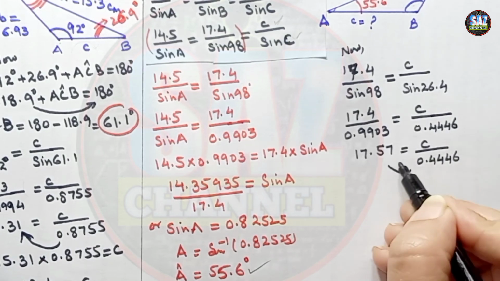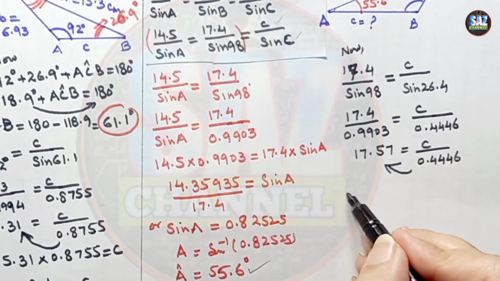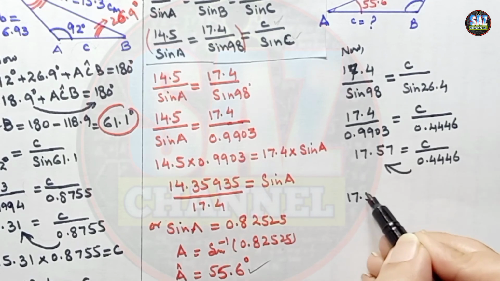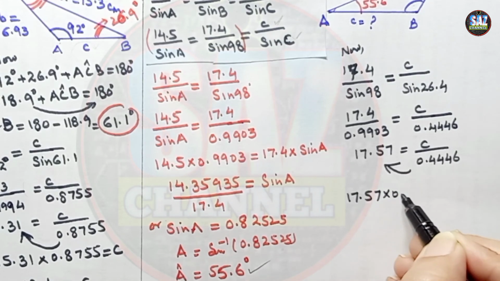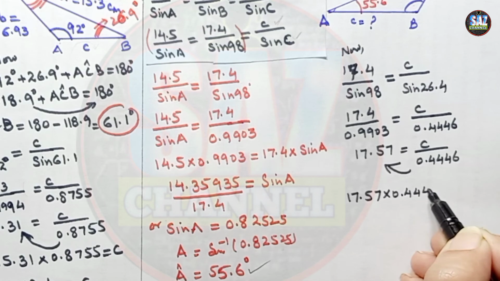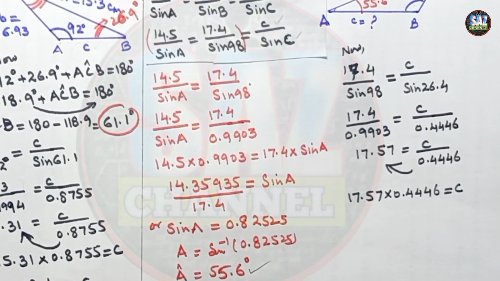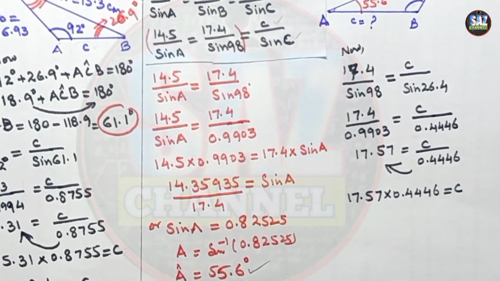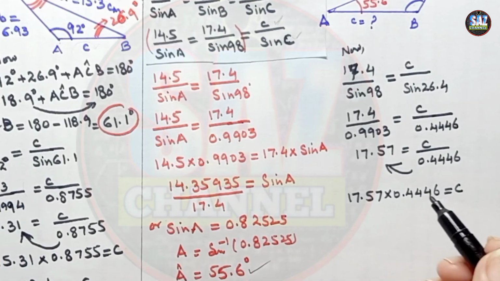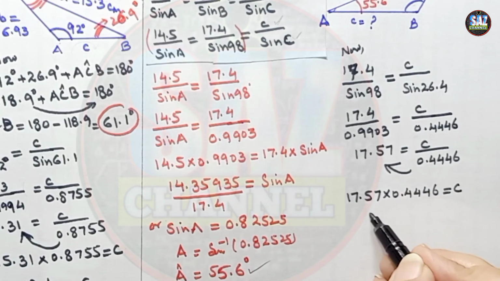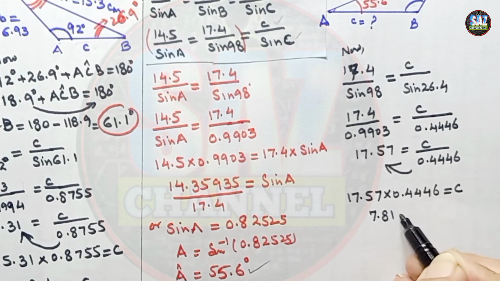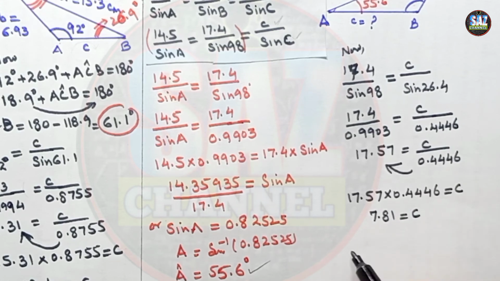Now shift this fraction's denominator value to the other side. 17.57 multiplied by 0.4446 equals c. Multiplying 17.57 by 0.4446 gives me 7.81. So 7.81 equals c, or c equals 7.81.